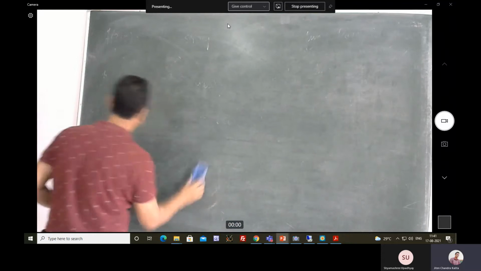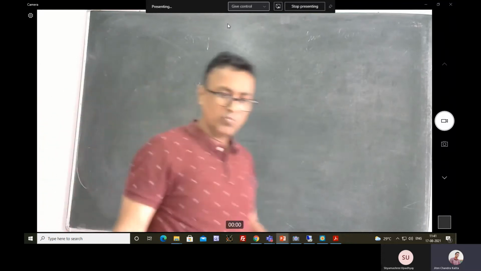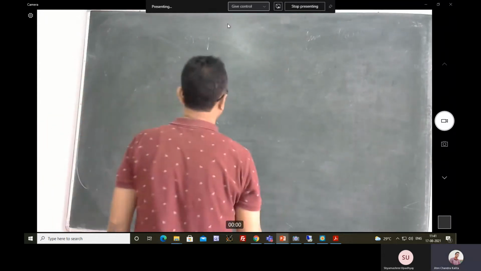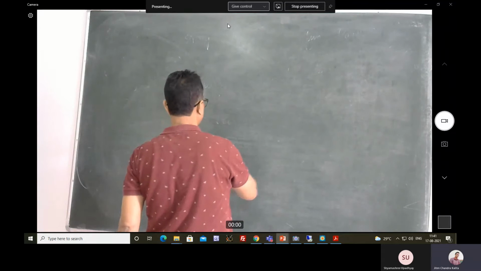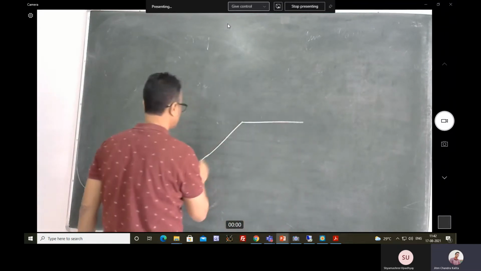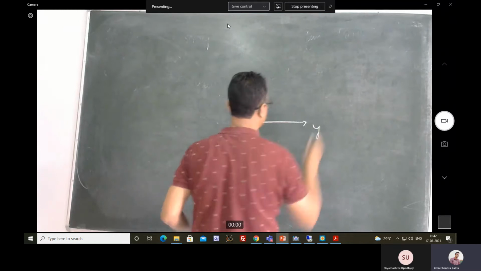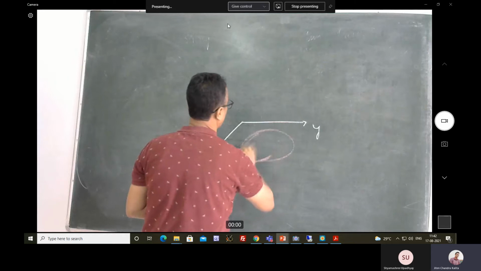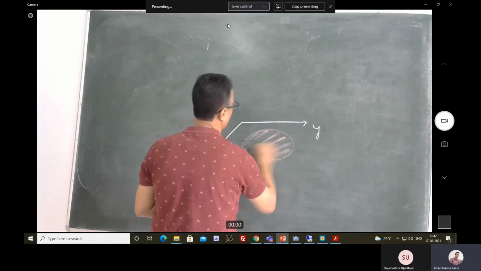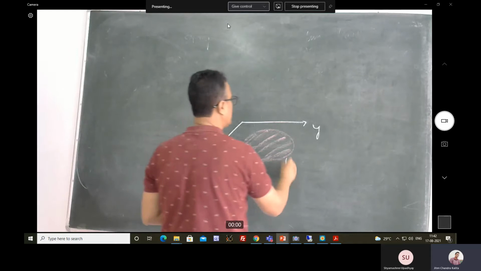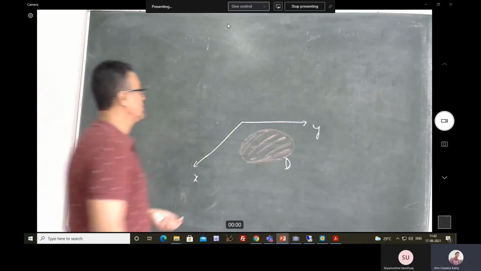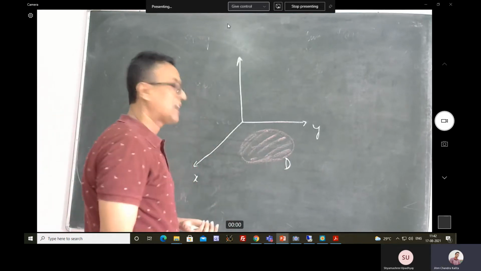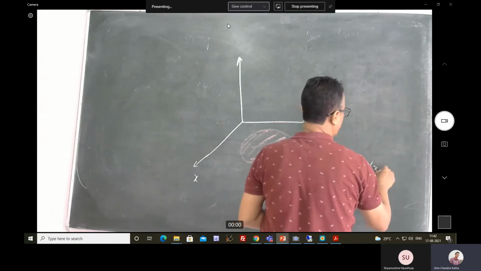After that, I'm going to do functions of more than 2 variables also. Suppose this is the domain of definition of the function f.